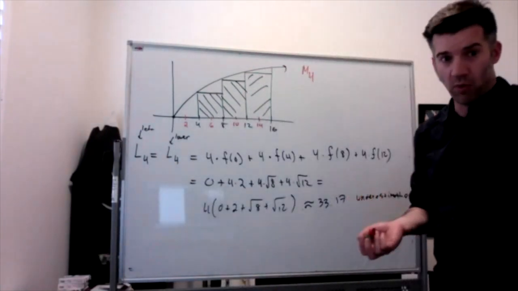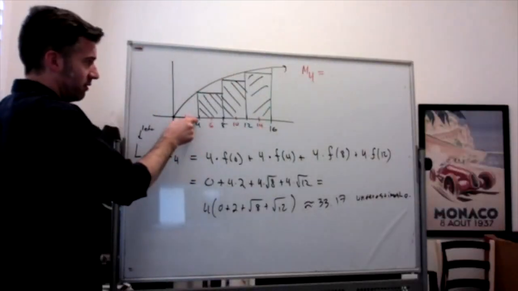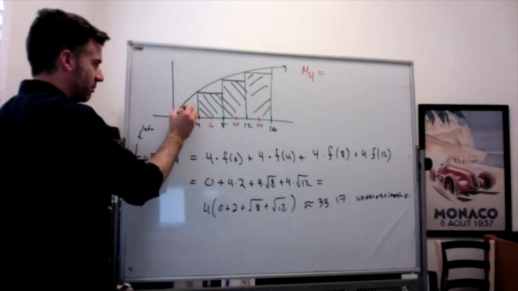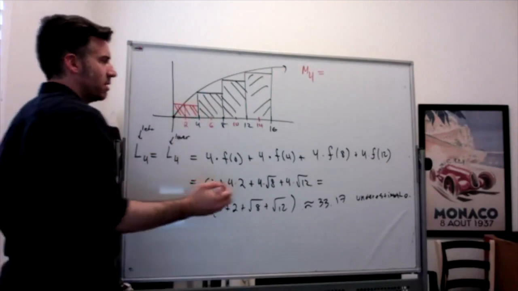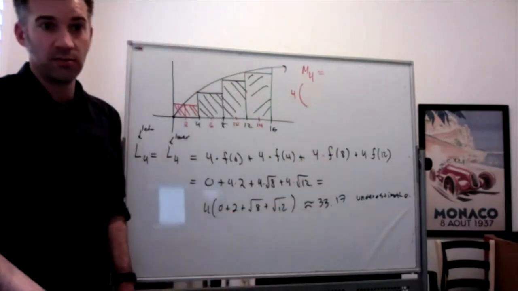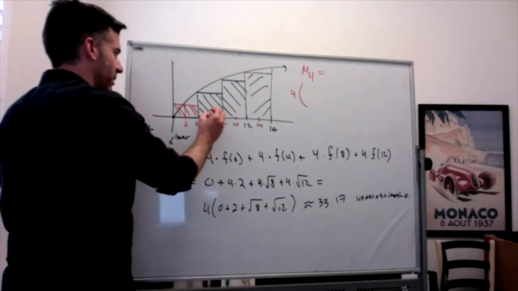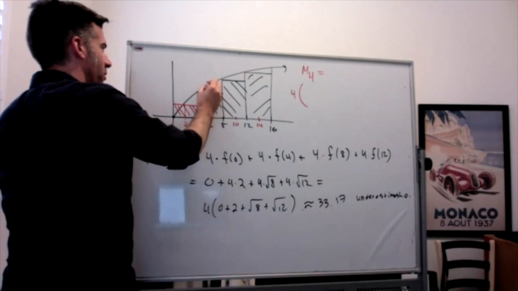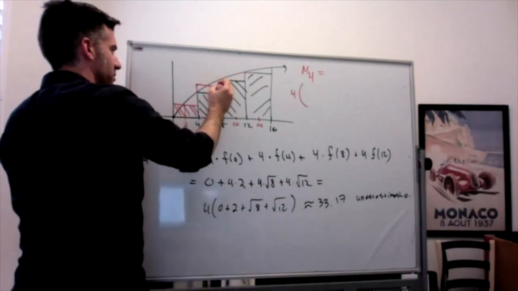Then our midpoint formula using 4 intervals is going to be, well, look, this first rectangle, the base is still 4, but the height now is going to be given by that. I'm going to factor out the 4 because each of my rectangles has a base of 4. My second rectangle, base of 4, height of f of 6.